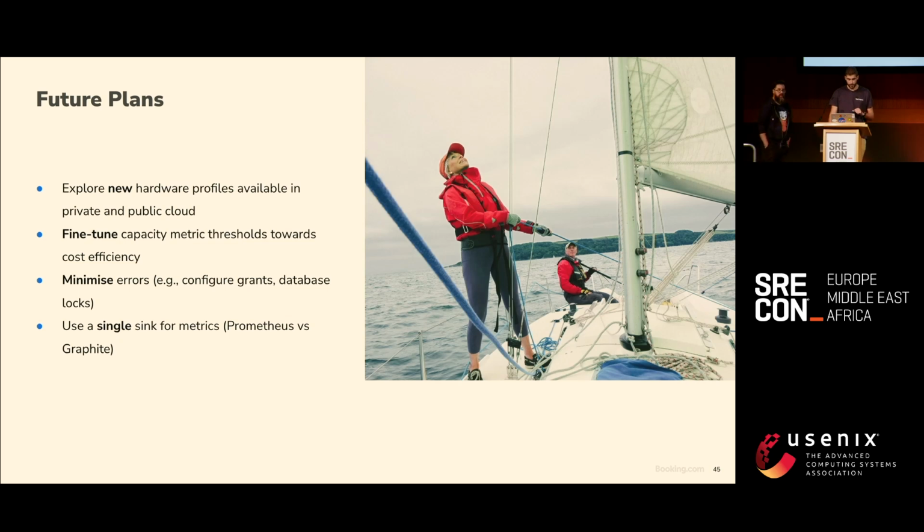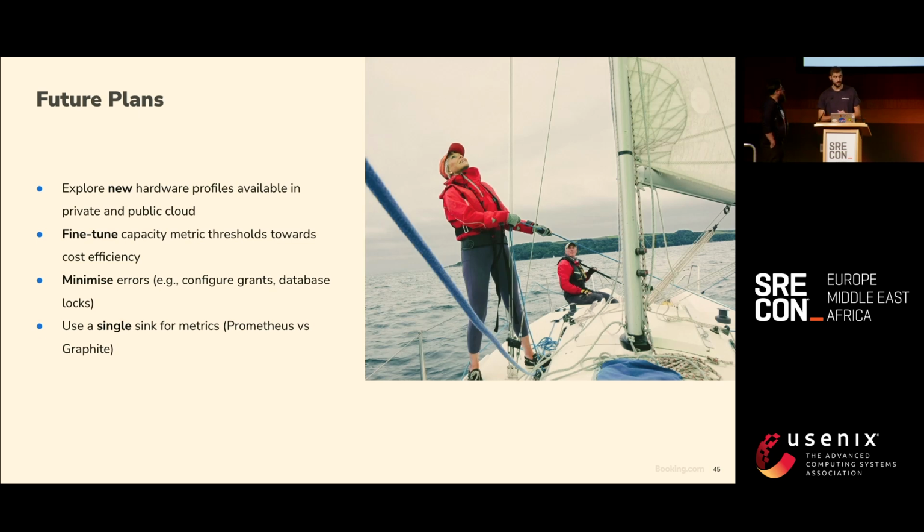And regarding future plans, because by no means this capacity planning mechanism is complete or perfect, we do want to explore new hardware profiles that become available in private and public cloud. As we move more and more servers to the cloud, we do want to fine-tune our capacity thresholds towards cost efficiency, because right now this is our second priority.